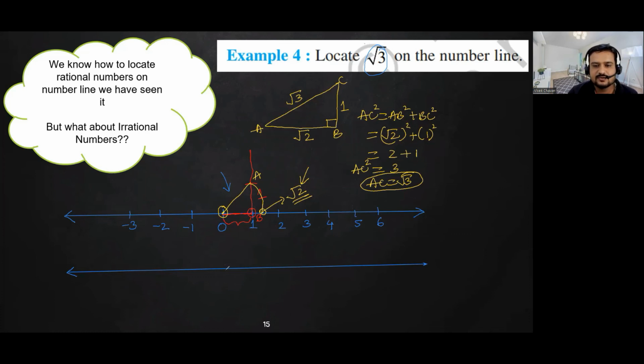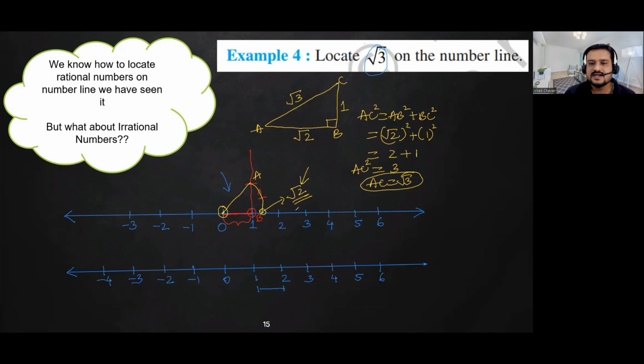We'll mark 0, we'll mark 1, 2, 3, 4, 5, 6. This side -1, -2, -3, and -4. Here also you'll have to take the distance of 1 centimeter between the two numbers. You have to keep the distance the same, 1 centimeter.